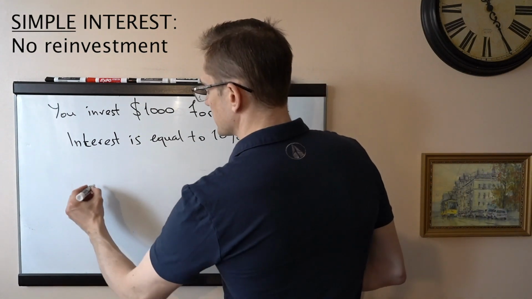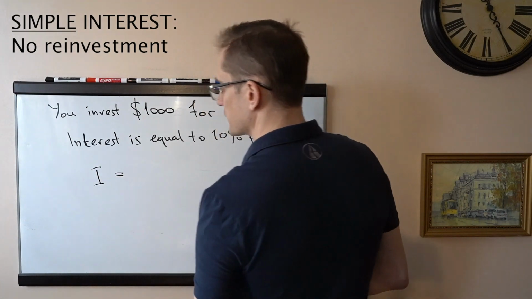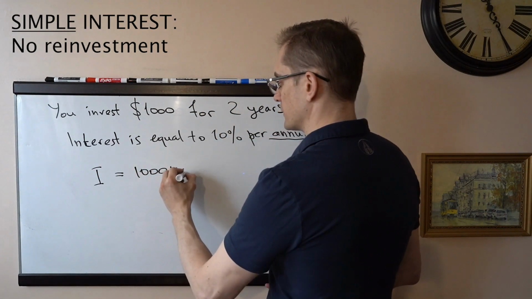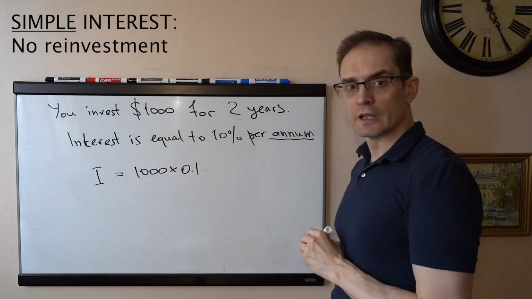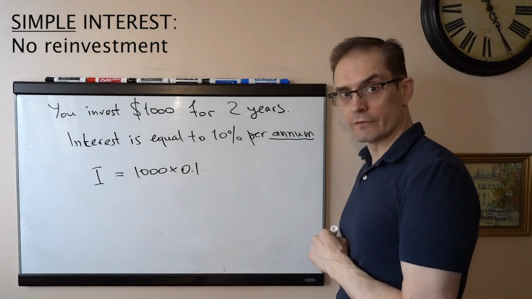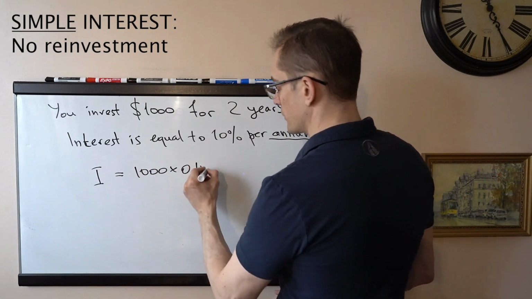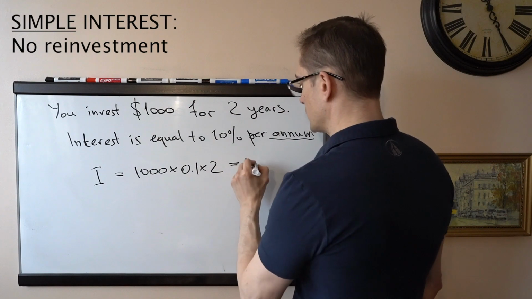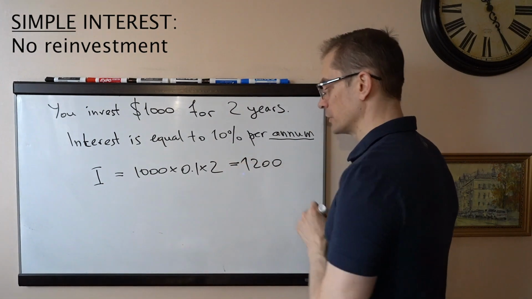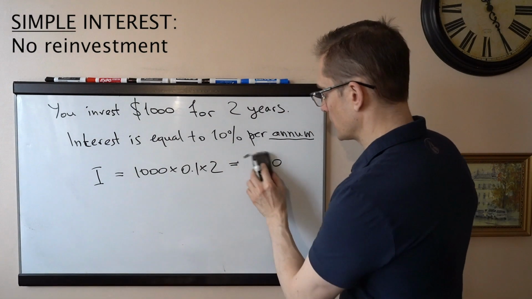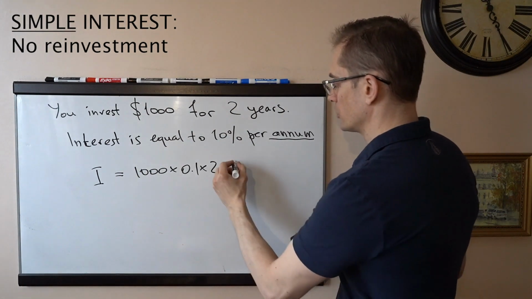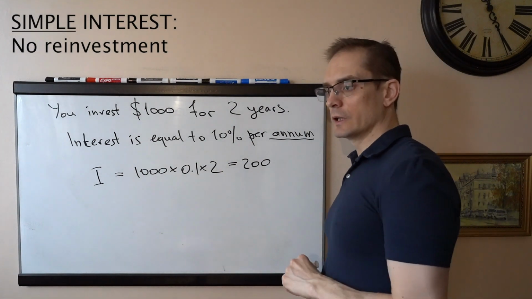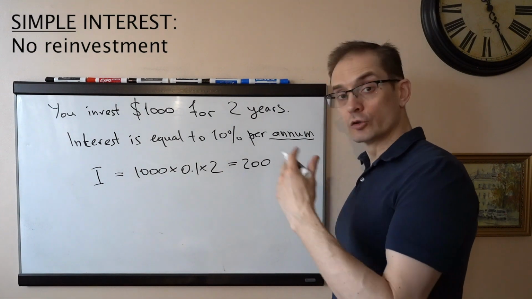So if we use that idea and calculate this interest, it will be $1,000 times 0.1, which is 10% over the course of the first year. But because there are 2 years, you would multiply it by 2, and you will obtain $200 as your interest over the 2-year period.